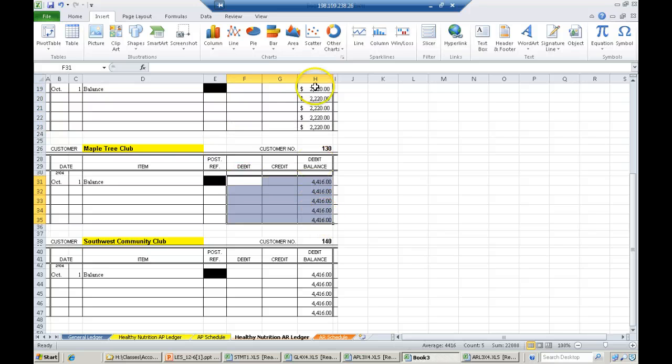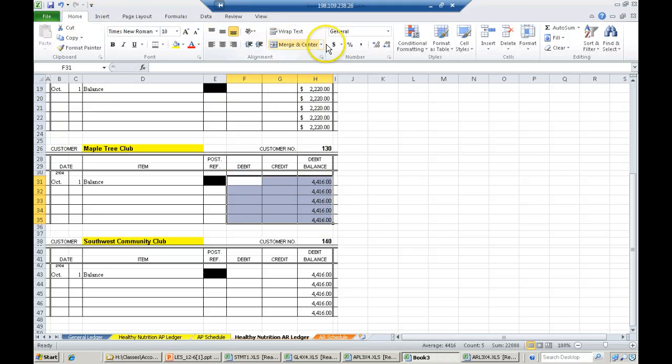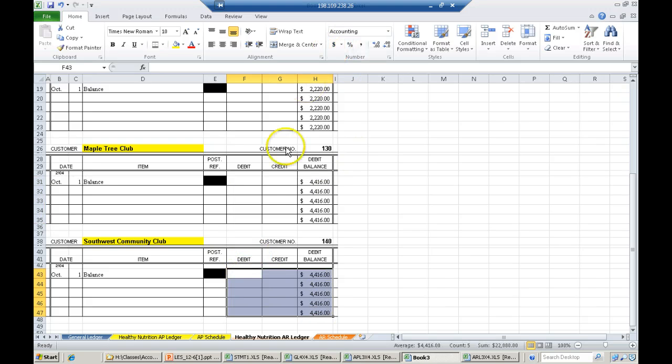Again, this is going to save you time if you do this. Maple Tree Club carried a balance of $35.28, and Southwest carried a zero balance. So it's going to show up just like this. Pretty much that's 12-3.